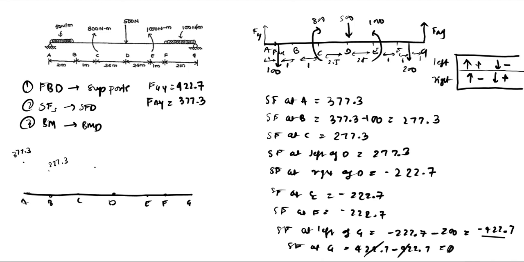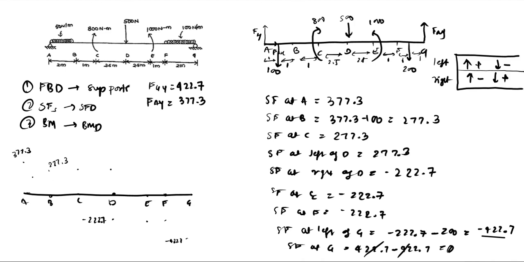At C, at D, same. So C will be same, D will be same. Just right of D, it is minus 222.7, which is same until F. And just left of G, it is minus 422.7. And at G, it is becoming 0.